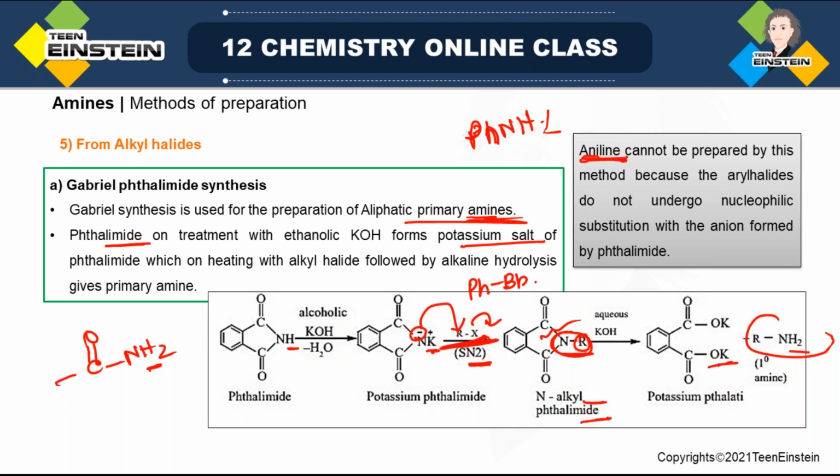And why it is not favored, that is already discussed in other chapters. So you cannot take PhBr, because this nucleophile, negative charge over nitrogen, cannot take part in SN2, because PhBr, aryl halide, is not a good substrate for SN1, SN2. So that is why you cannot make aniline by this Gabriel phthalimide synthesis.